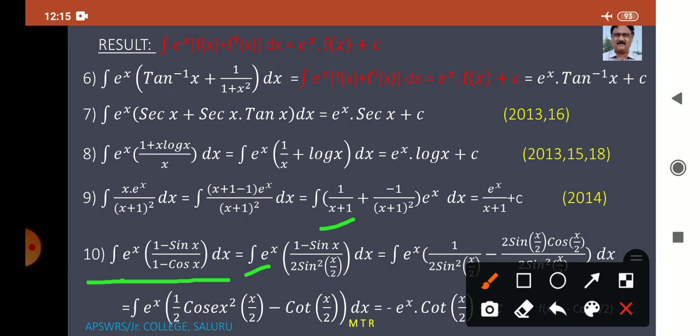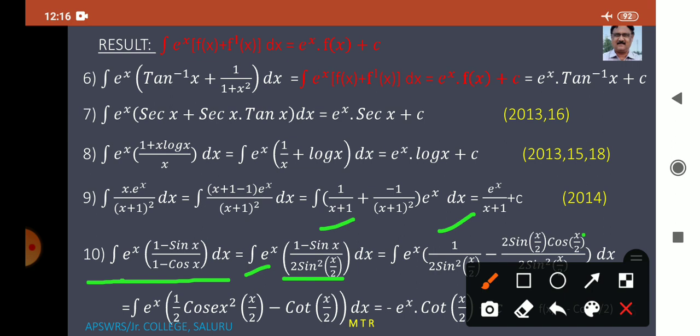Here this is 1 minus cos x, so 1 minus cos x is equal to 2 sin square x by 2. Okay. You split that into two fractions. The first fraction is 1 by 2 sin square x by 2 as one part. The second part is minus sin x by 2 sin square x by 2.